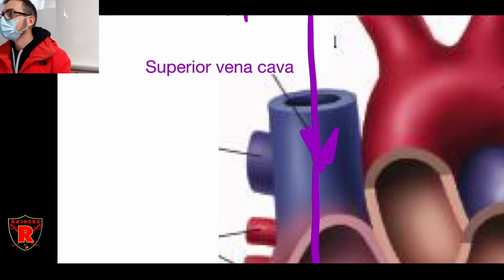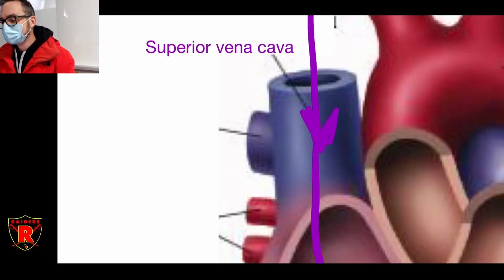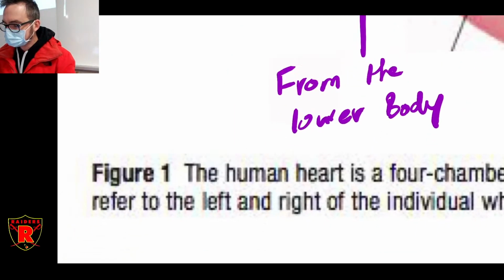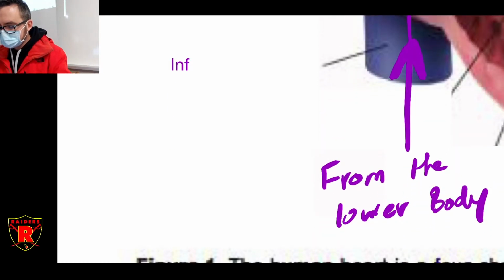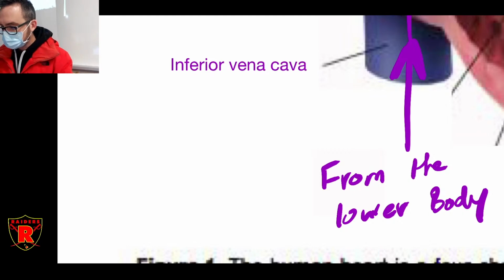Superior just means upper when you're talking about anatomical terms. Vena means vein, and cava just means cavernous, big. So this is the upper big vein. And then you've got your lower big vein on the bottom. The word for lower in anatomical terms is inferior. So this is the inferior vena cava, the lower big vein.